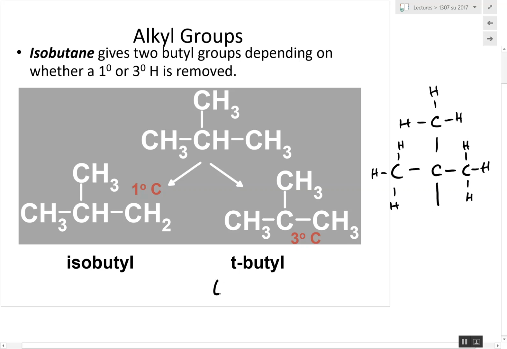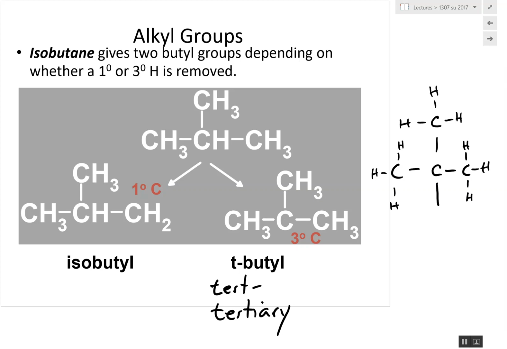T-butyl, tert-butyl, or tertiary butyl are all the same thing. The tert and the T are abbreviations for this word tertiary. All right, so there's 6 substituents to learn.